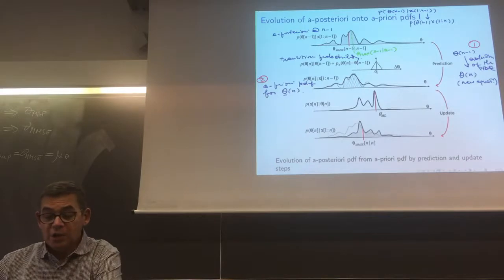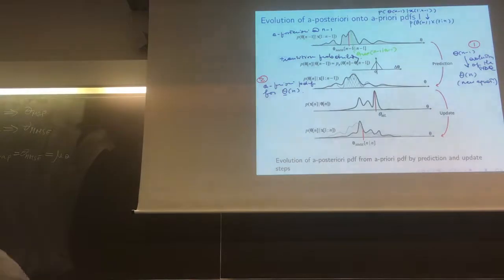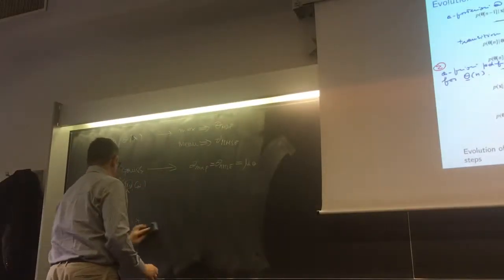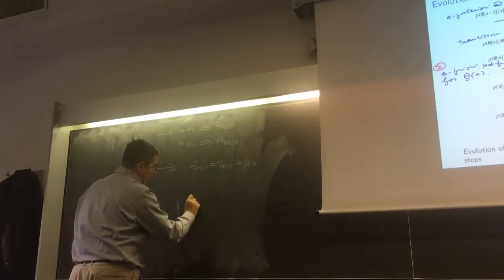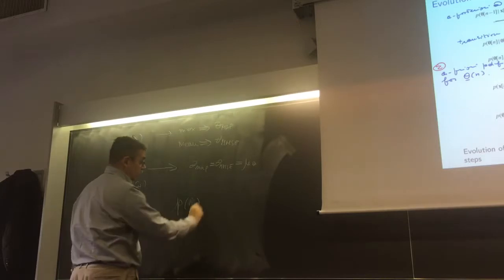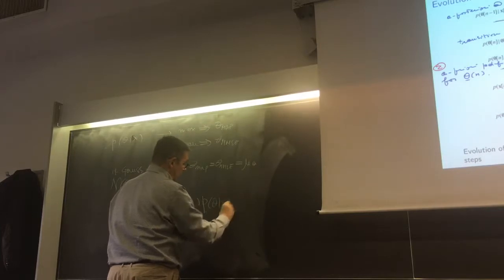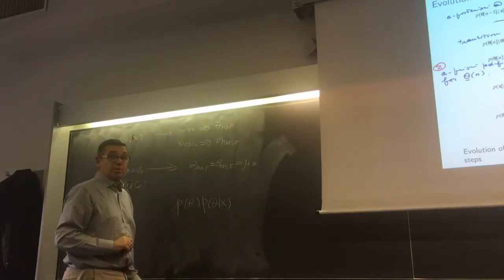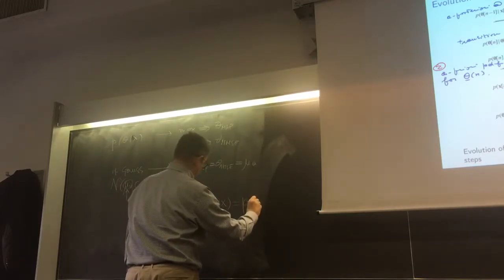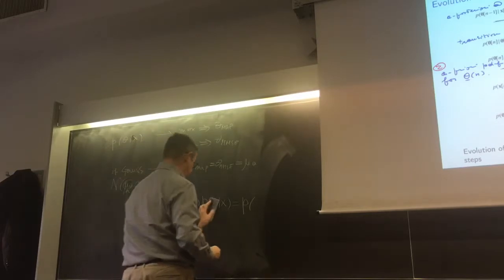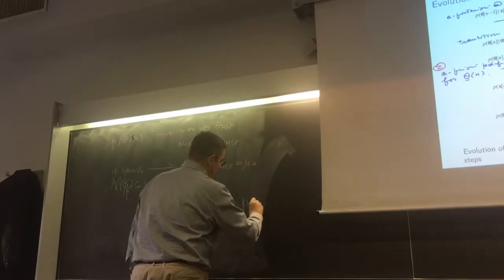Now, if I know the a priori, and I multiply the a priori with the conditional PDF, then I get the p theta here.